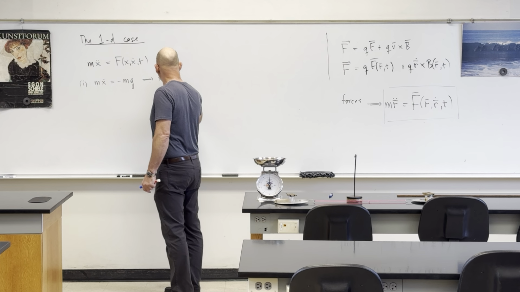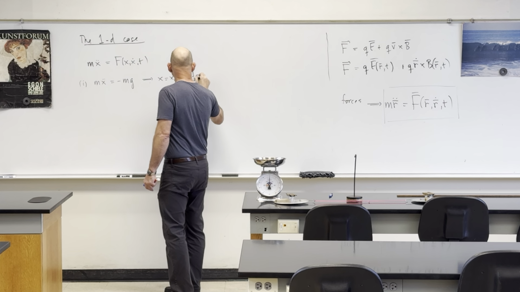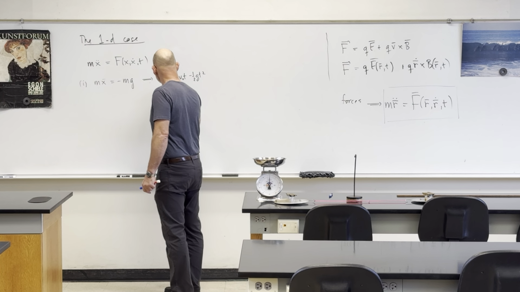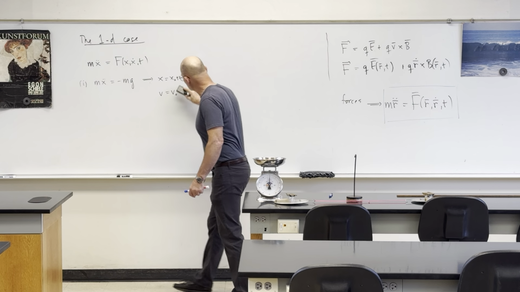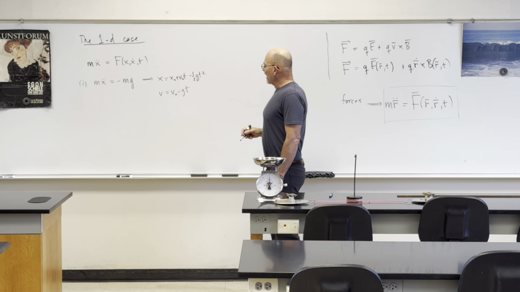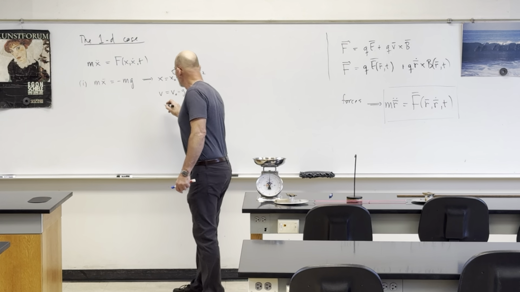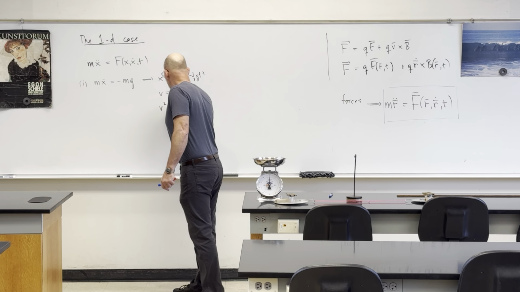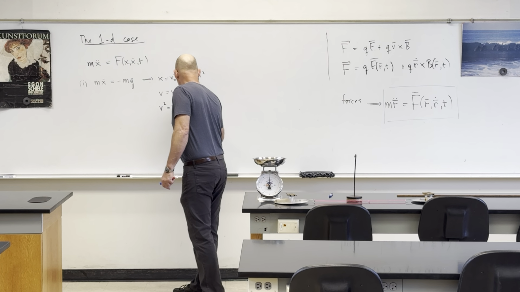We have x equals x naught plus v naught t minus 1/2 g t squared. v equals v naught minus g times t. And v squared equals v naught squared minus 2g times x minus x naught.